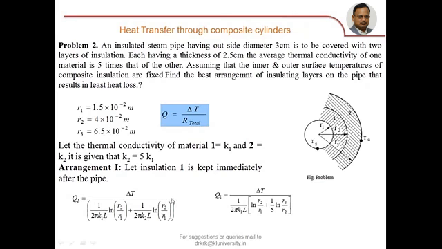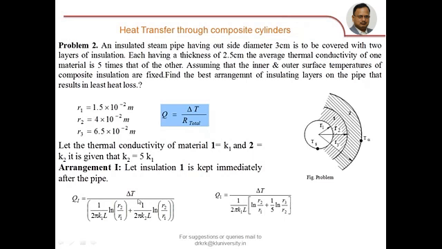So to start with, let us assume insulation 1 is kept immediately after the pipe as shown in this figure, and next insulation 2 is kept. Now two resistances are there in series between Ts and T alpha. Look at this arrow. Between Ts and T alpha, you have two resistances, and these two resistances act one after the other, and they are in series.